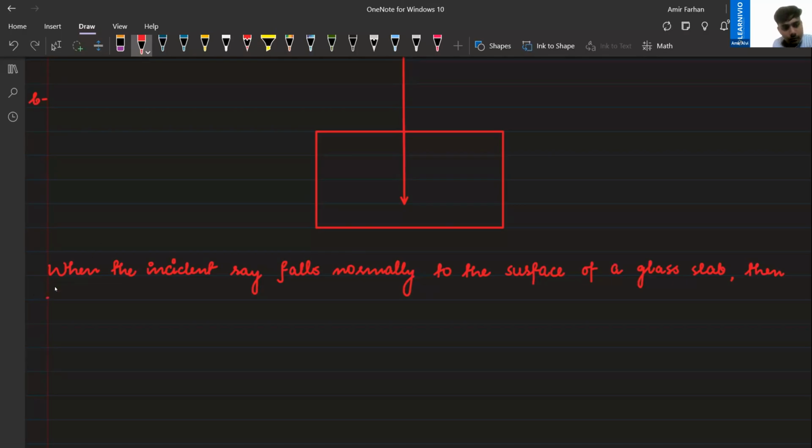Then there is no bending of the ray of light.